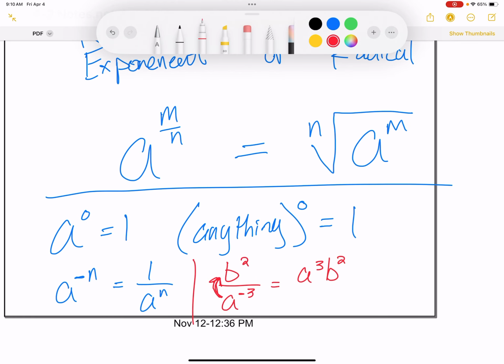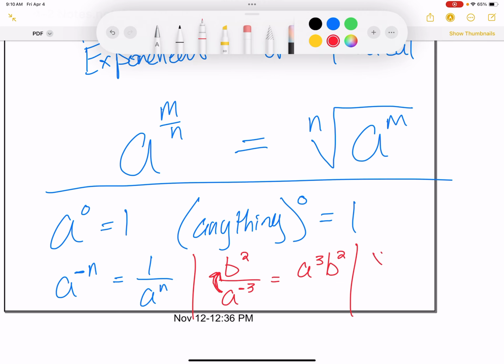Or I'll give you one more of those. If I have x to the third, y to the negative fifth, z to the first, that's equal to x to the third, z to the first, but then y, since it was negative, goes to the denominator and becomes a positive 5.